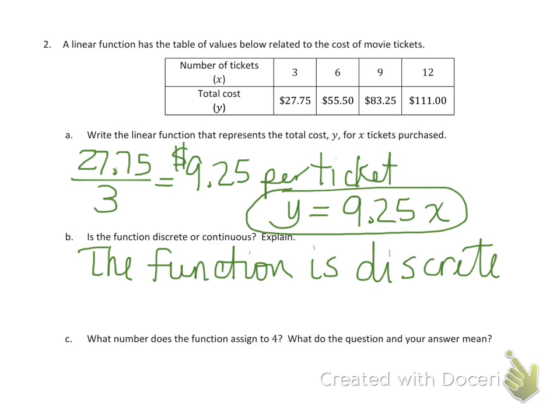And what do the question and your answer mean? Well, the function assigns a number to 4. So since total cost is a function of number of tickets bought, 4 is our input. So y is equal to 9.25 times 4. And y is equal to $36.